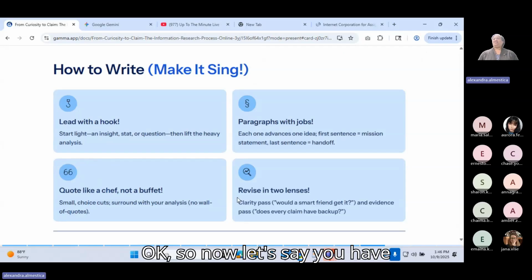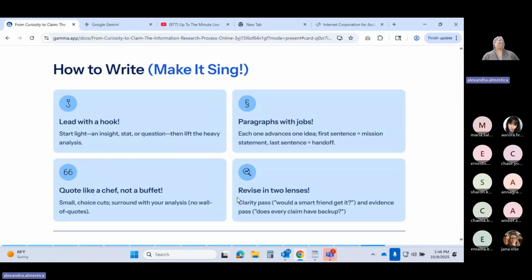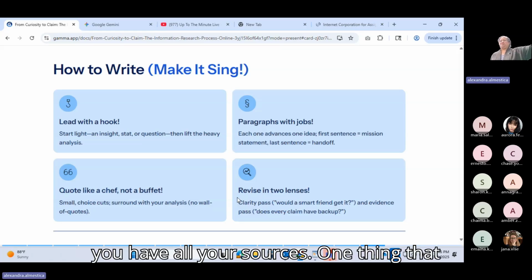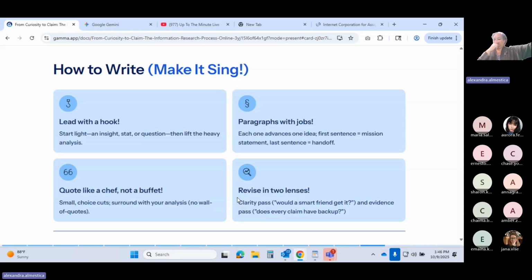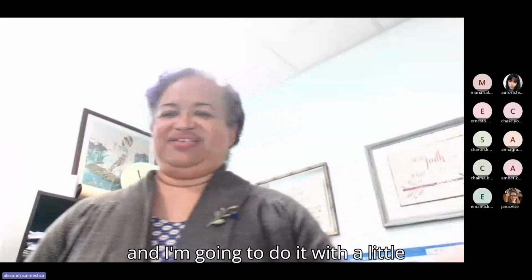Okay, so now let's say you've gone to the point where you have all your sources. One thing that I didn't mention, and I'm going to do it with a little notebook.